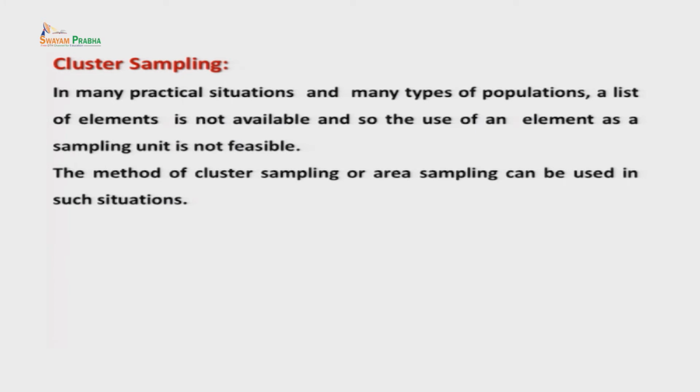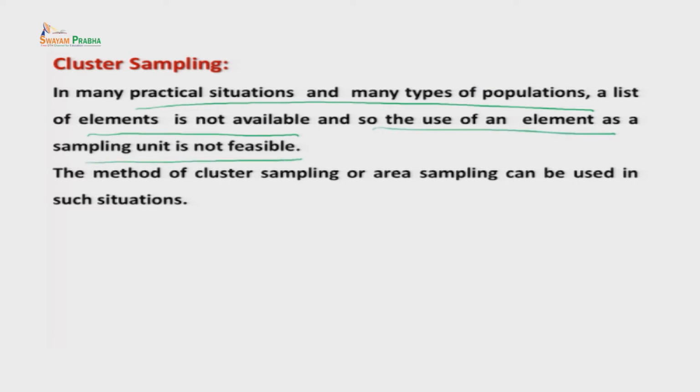In many practical situations, the list of elements is not available. If the list of elements is not available, you cannot construct your sampling frame as we did in simple random sampling, and so using an element as a sampling unit is not feasible.